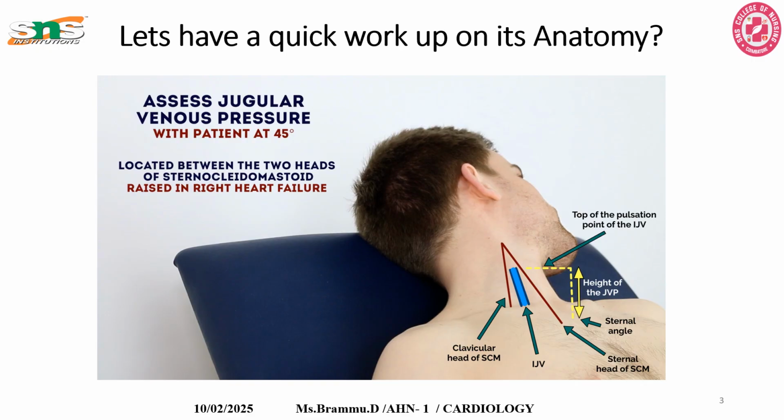To assess the jugular venous pressure, the patient will be placed at a 45-degree angle, with the vein located between the two heads of the sternocleidomastoid. In case of heart failure, especially right-sided heart failure, the jugular venous pressure is increased.